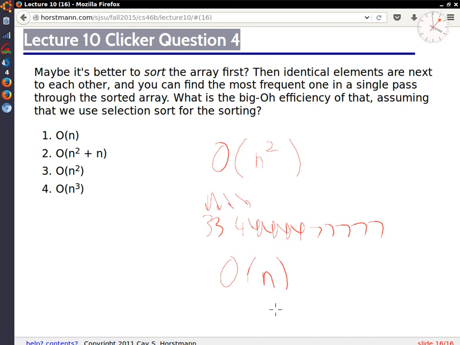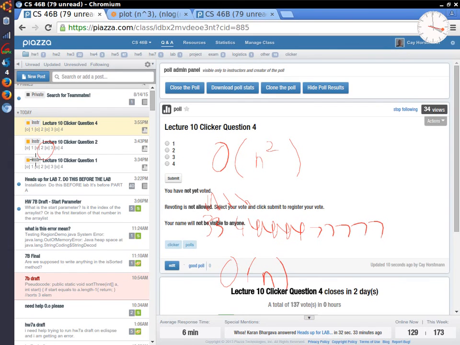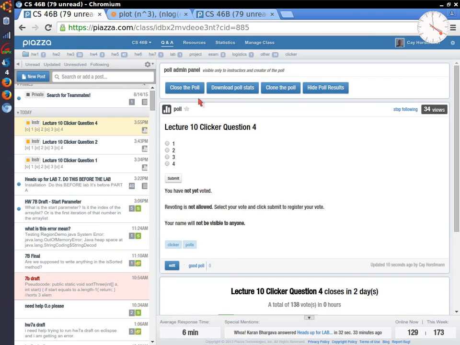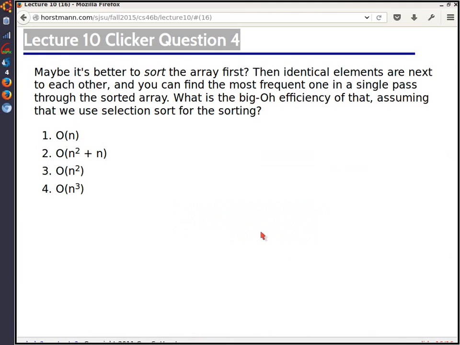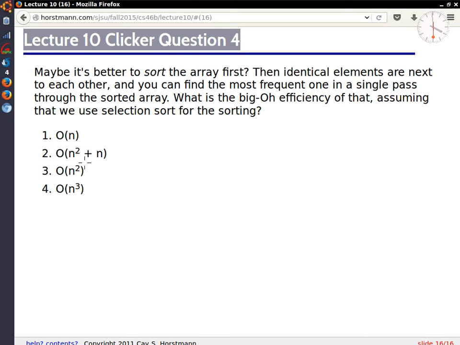So what are the two together? It seems like this should be the right answer. Let's see what people are saying. Okay, 80 people say O of n squared is the right answer.